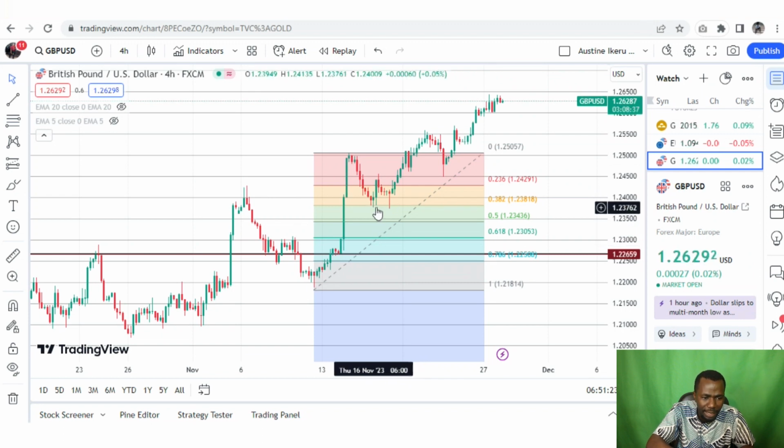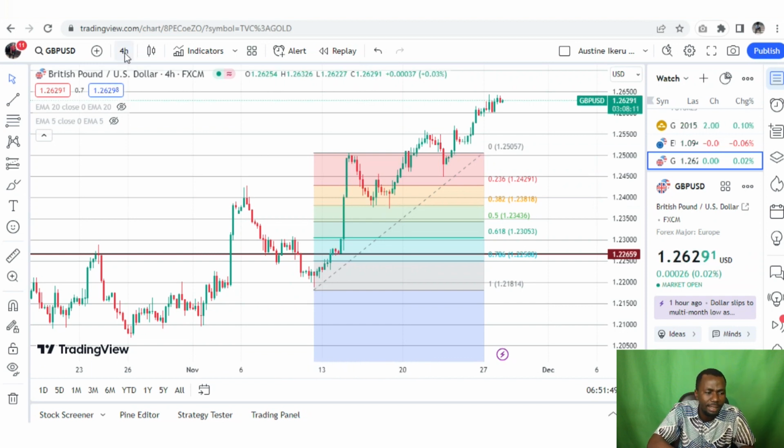The price went down and ended up in a wick, went down again, ended up in a wick, then rallied up, came down again, tried again to no avail, and then ended up with this long wick, right? This is a long rejection wick. This wick now confirms to us that the buyers are still active in the market and they have decided to push the market up.